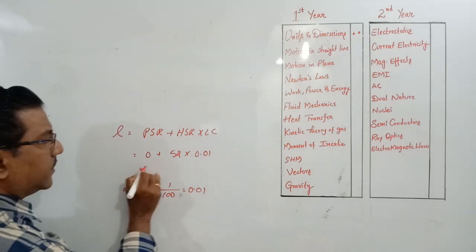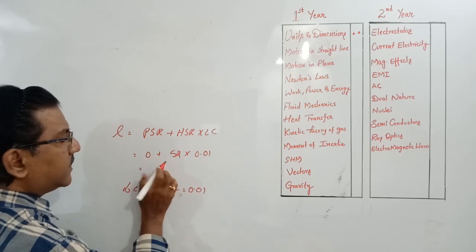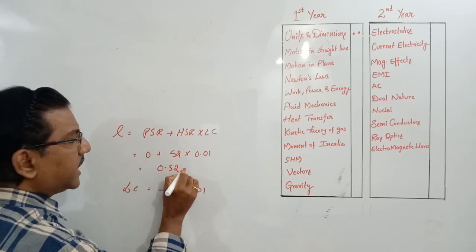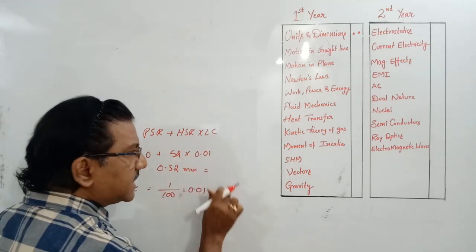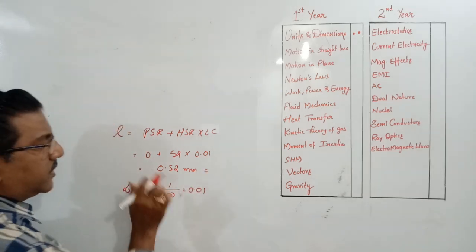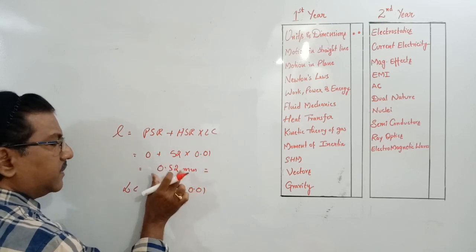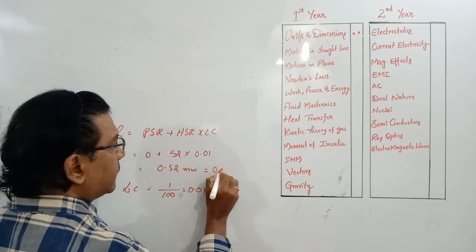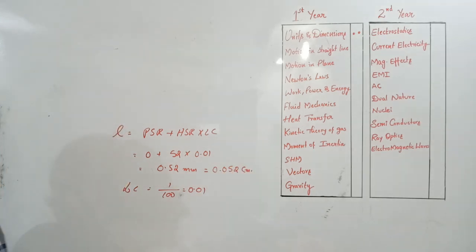No more logic. 52 into 0.01, this one is 0.52 mm. Repeatedly I said, you can see in your notebook, sometimes the answer comes in millimeters. Be careful to do it in centimeters.